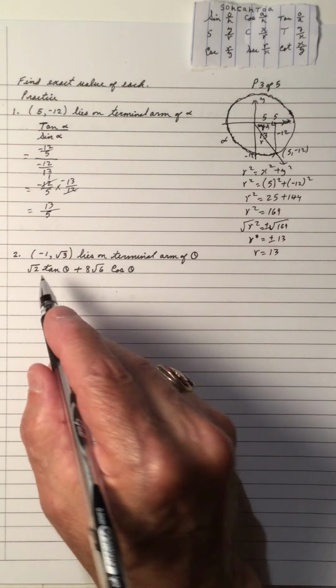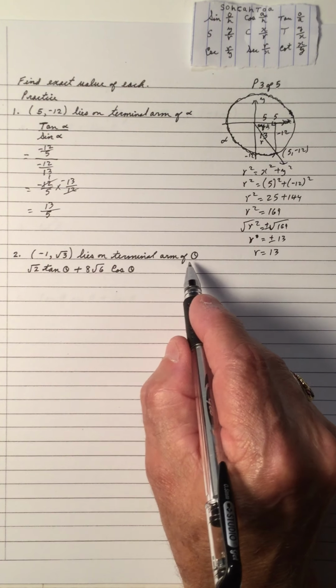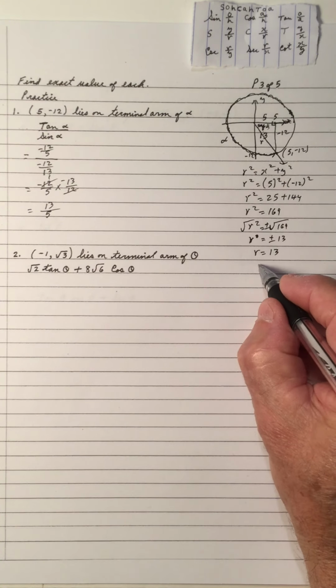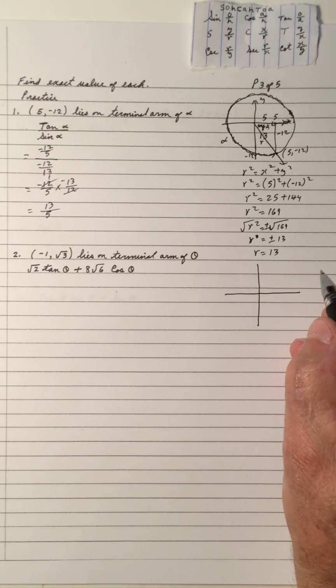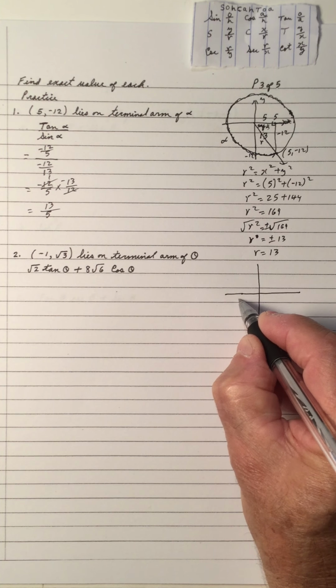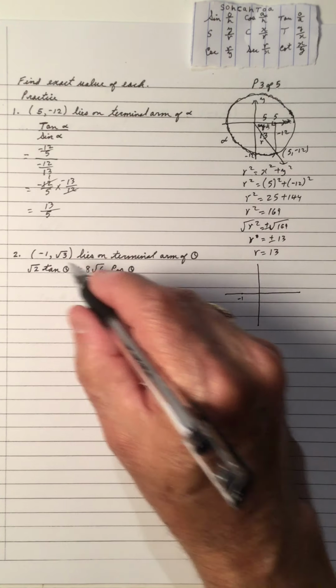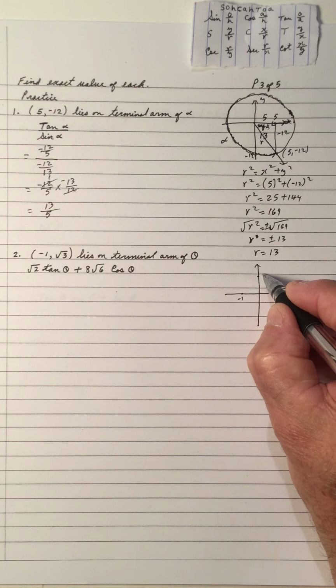And number 2, the point negative 1, root 3 lies on the terminal arm of theta. And again, always draw a diagram. It's easier when you draw a diagram. X is negative 1, so let's pretend that negative 1 is right there. And y is root 3. Root 3 is, let's say, right there.